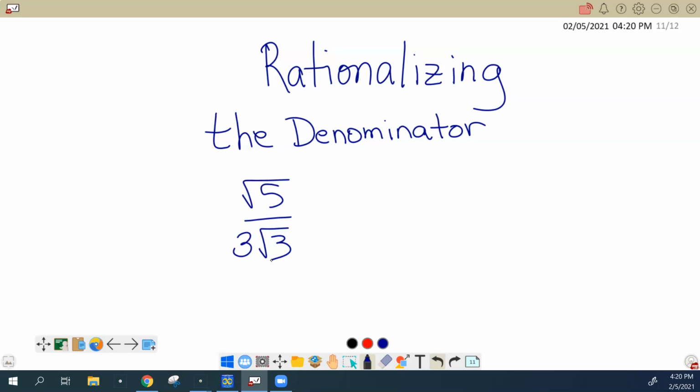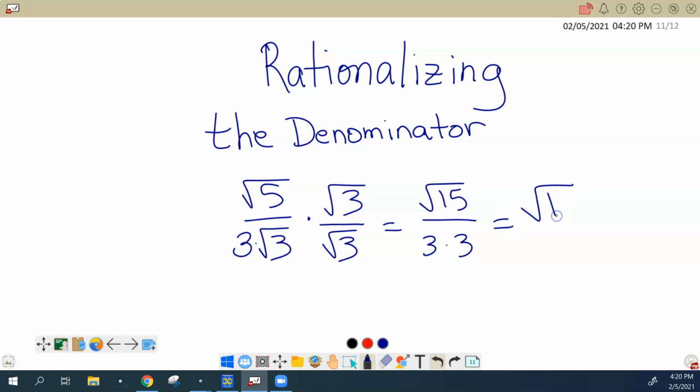No, you only have to multiply the radical part. So I can leave the 3 alone. I can multiply this radical by root 3 over root 3, and not worry about the other 3. Just leave it alone. And so what will that give me? That'll give me the square root of 15 on the top, and it'll give me 3 times 3 on the bottom, which finishes to 9.